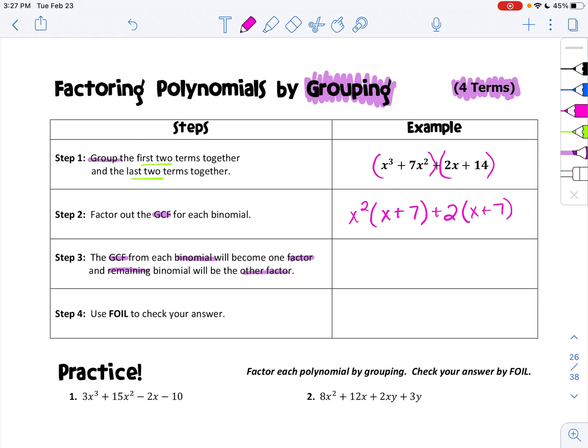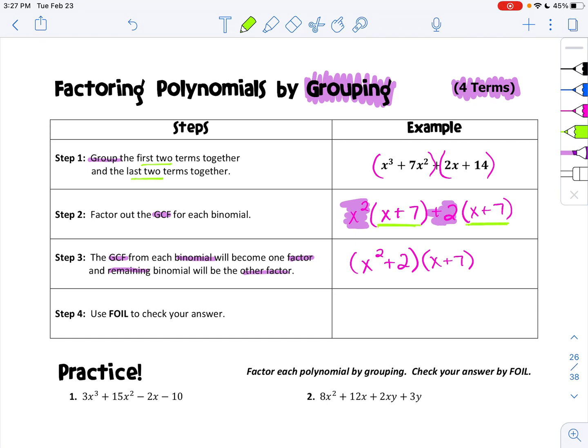So it would look like x squared plus 2, your 2 GCFs. So taking these 2 GCFs and putting them together to make one factor. And then your other factor would be the x plus 7, because it's the same in both binomials.